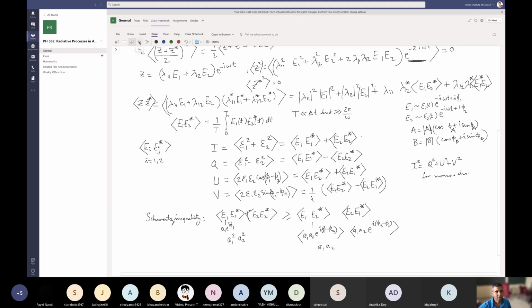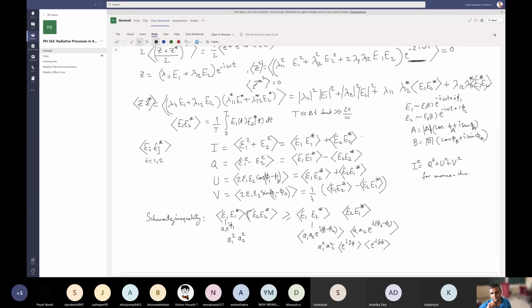Okay. So this will be A1 squared, A2 squared. Let's assume A1, A2 are time independent, but phi1, phi2 have time dependence. So this is e to the i delta phi and e to the minus i delta phi.